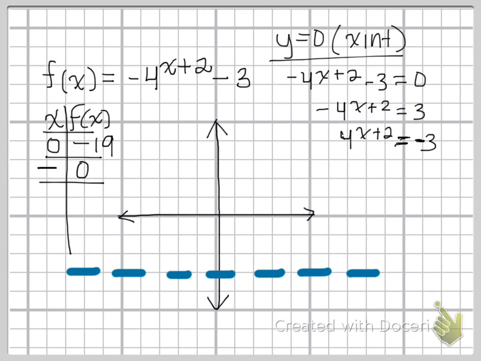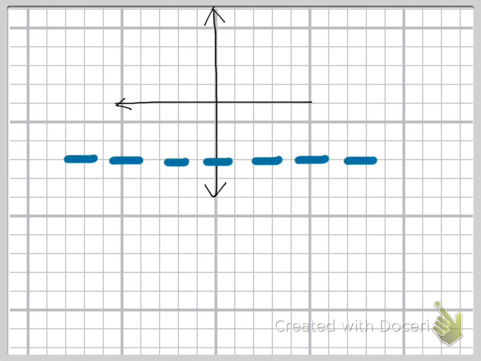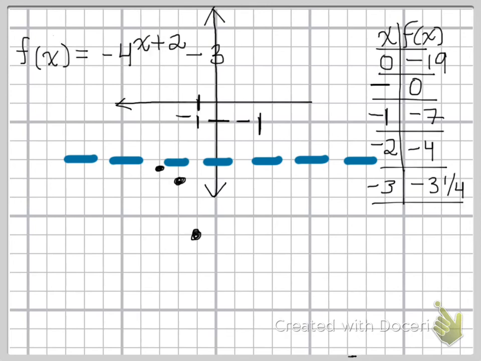All right, since I chose an inconvenient scale down here, I am going to move this graph over and then just find a couple of other points. So here are a few other points. This (-1, -7) is here, and then here the (-2, -4). So I got those 3 points. If I plugged in a 1, I would have negative 67, which would be way down here.